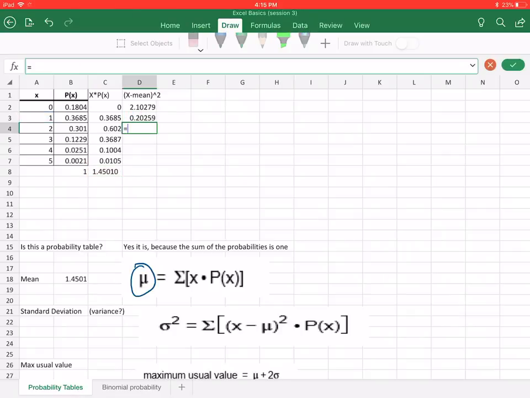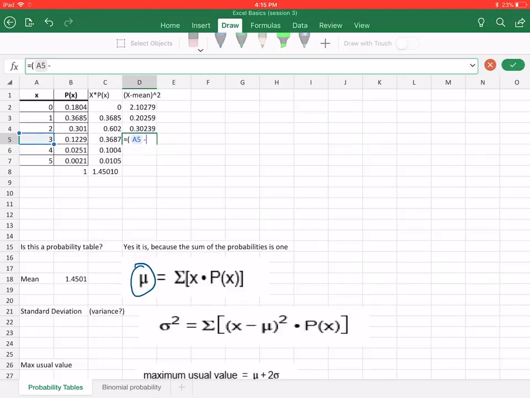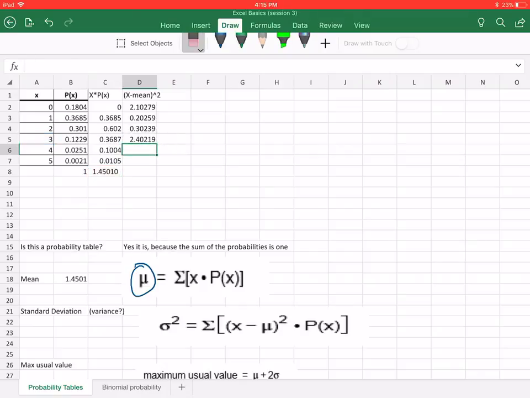And you're going to do that for each of them. So just make sure I'm keeping them in parentheses so that it knows to do the subtraction of your x value minus the mean before you square it, because you're wanting to square that entire value.